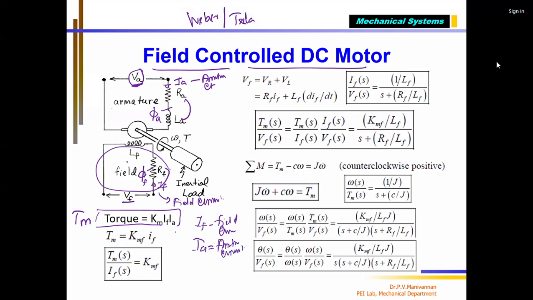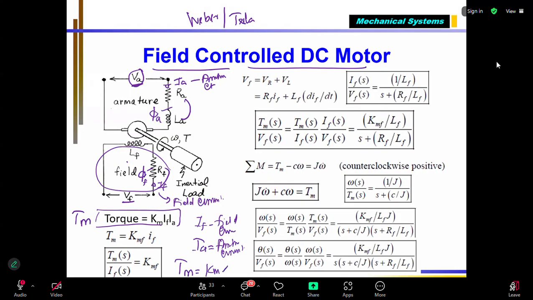I can write this again as TM equals Km into phi F multiplied by phi A.